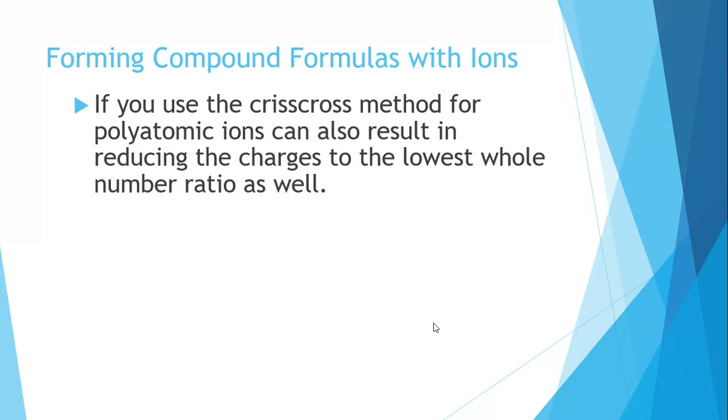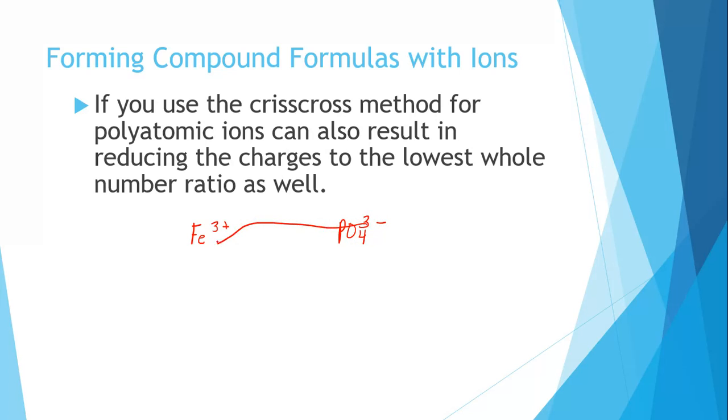Last but not least, if you use the crisscross method for polyatomic ions, it can also result in reducing the charges to the lowest whole number ratio. A good example of this is if you use Fe3+ and a phosphate, PO4 3-.